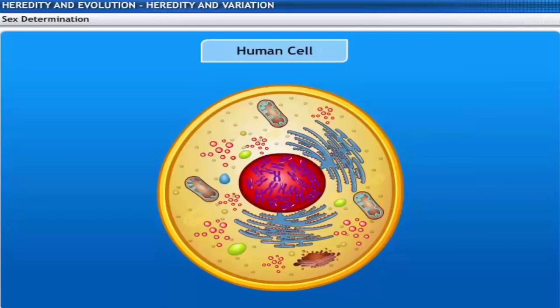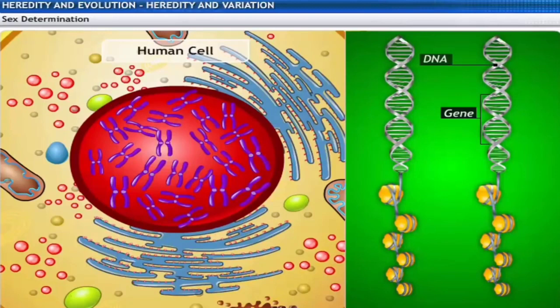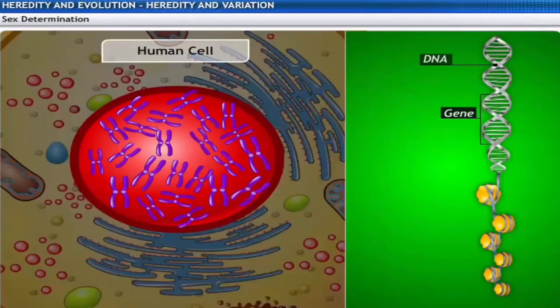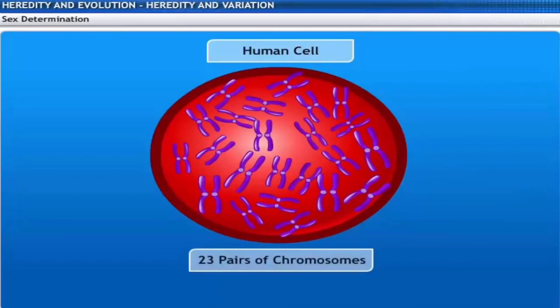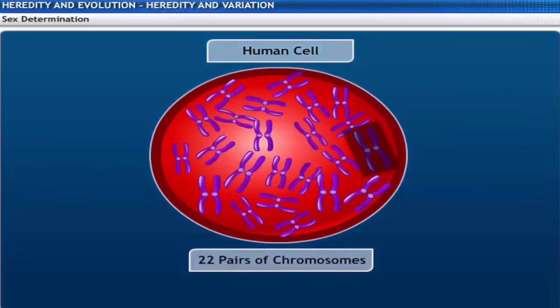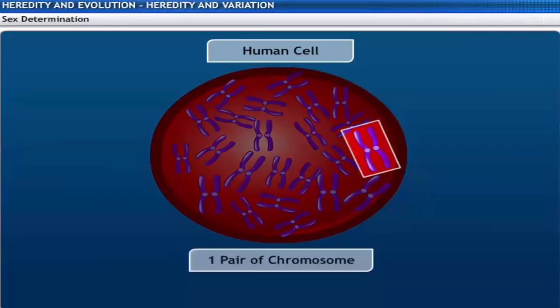Genes are present not as a single long thread of DNA, but as separate independent pieces called chromosomes. All humans have 23 pairs of chromosomes. Of these, 22 pairs of chromosomes have a maternal and a paternal copy. But one pair, called the sex chromosome, is odd.